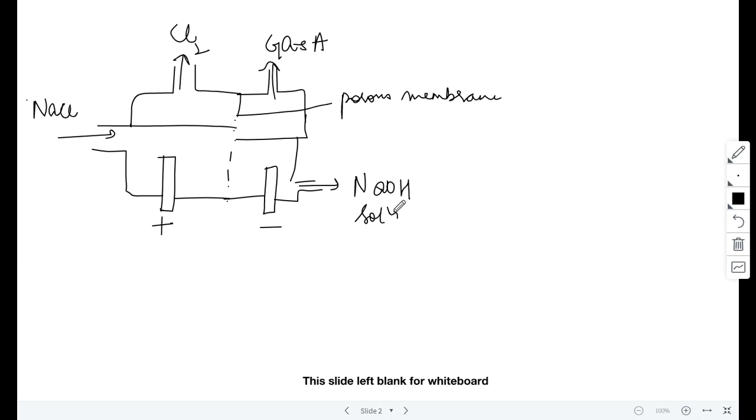So can you explain the meaning of electrolysis? This is for 2 marks, so you have to at least give 2 points. What do you mean by electrolysis?